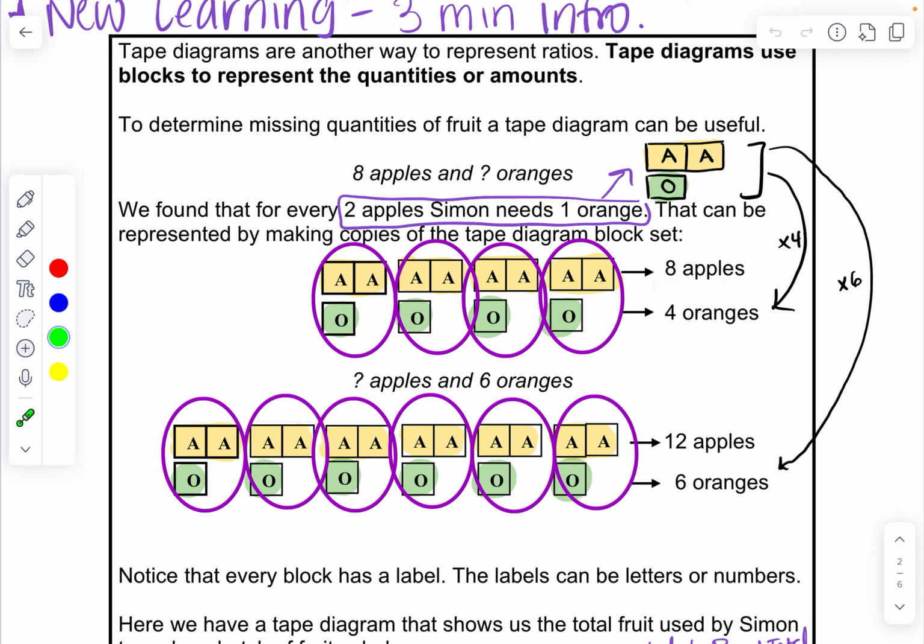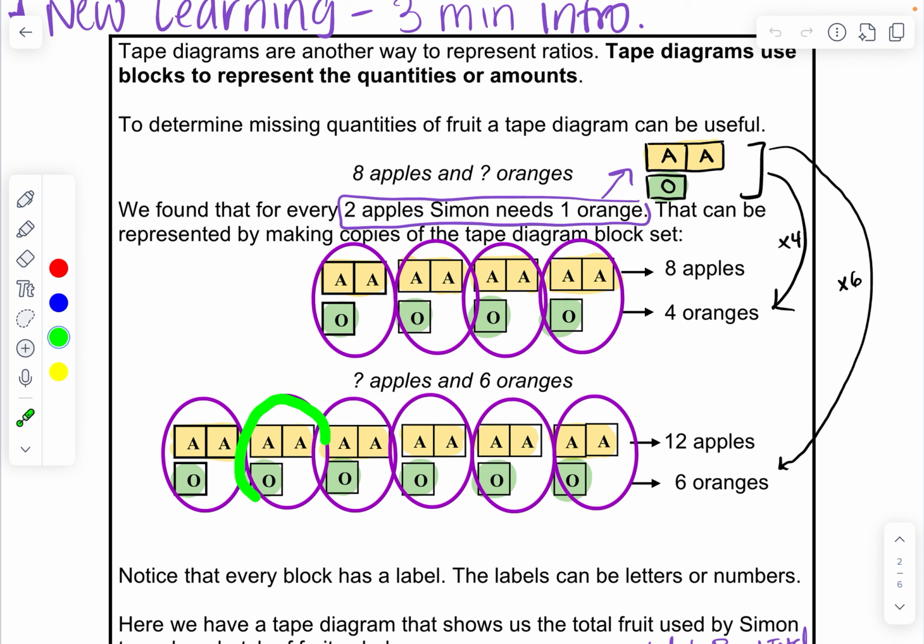What happens when I start out with 2 apples and my 1 orange, but I want 6 oranges altogether? So start out with 1 orange, but I want 6 altogether. So here's my first 2 apples, 1 orange.